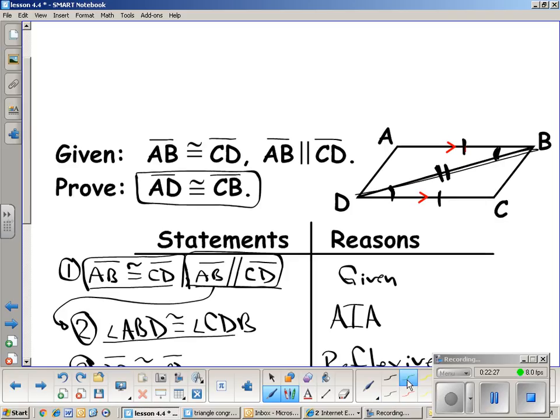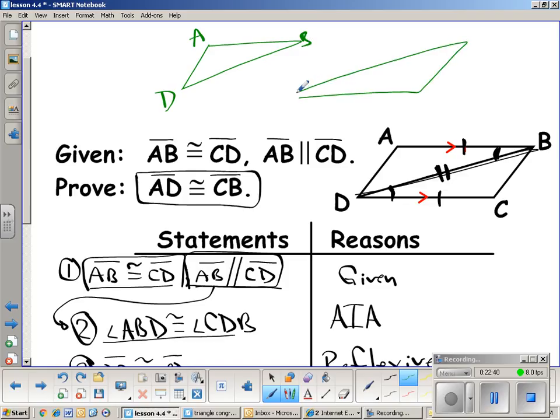Let me draw this top triangle, just freehand up here. It looks like this, and it's DAB. And the bottom triangle looks like this. It's a little bigger, sorry. And it was DCB.